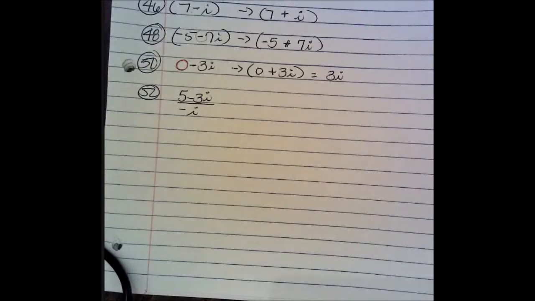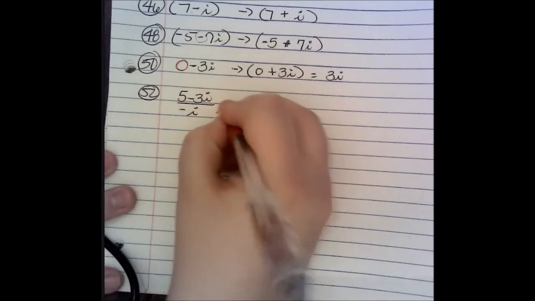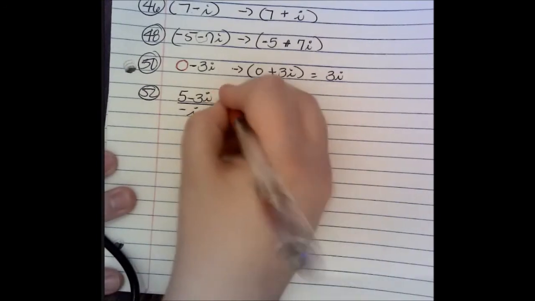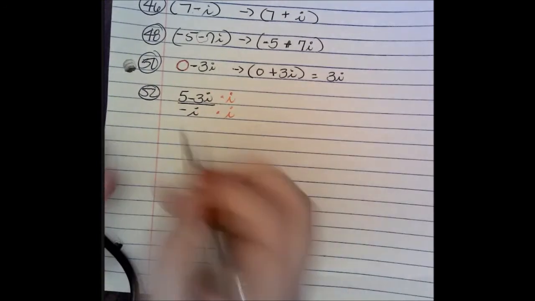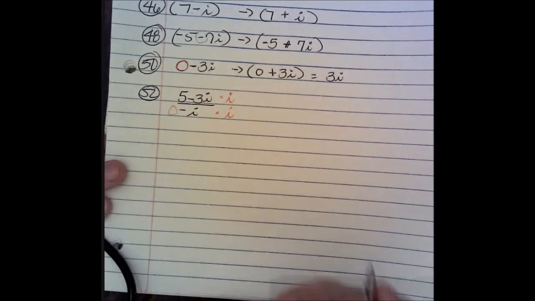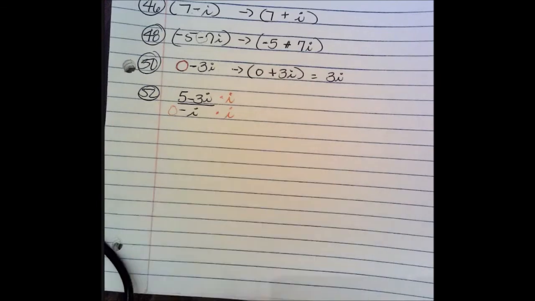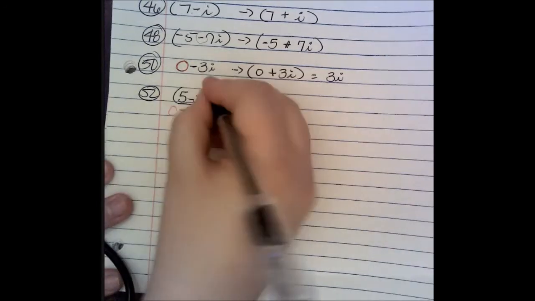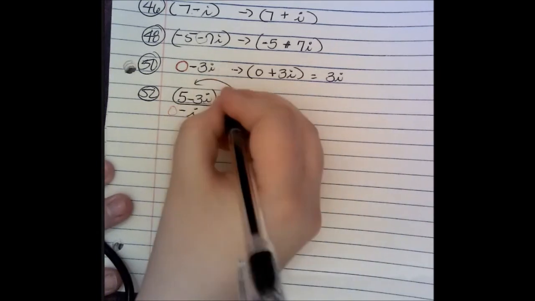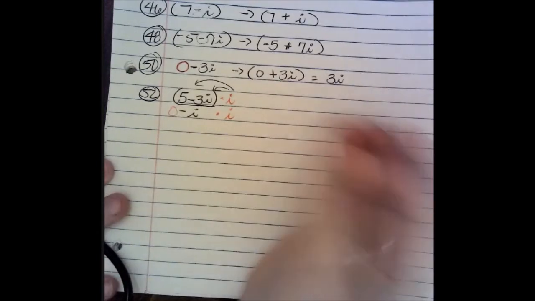The conjugate here is going to be i, because let's say it was a 0 minus i, well, the opposite would be 0 plus i, which is simply an i. So for your numerator, you're going to distribute that i into each of those terms in the numerator.